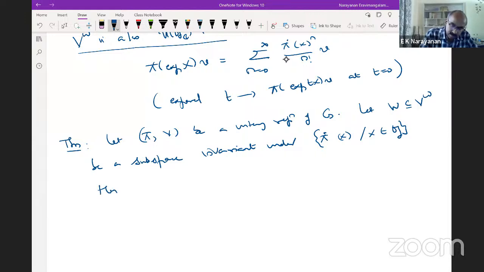Then W bar. So here this is a subspace. I'm not saying it is a closed subspace.